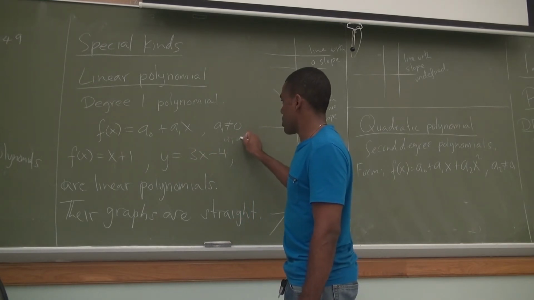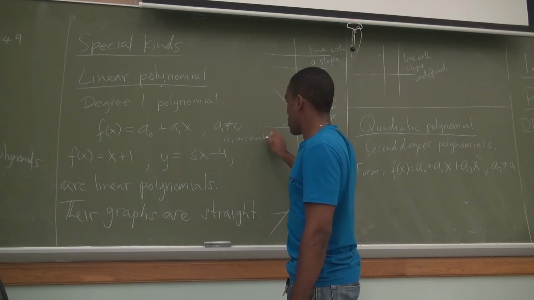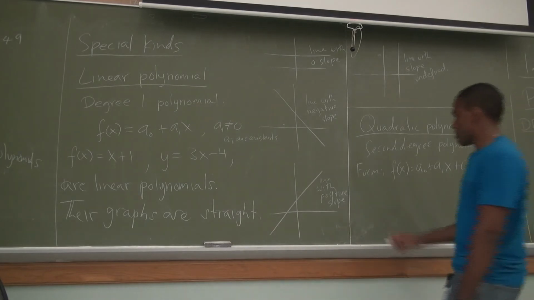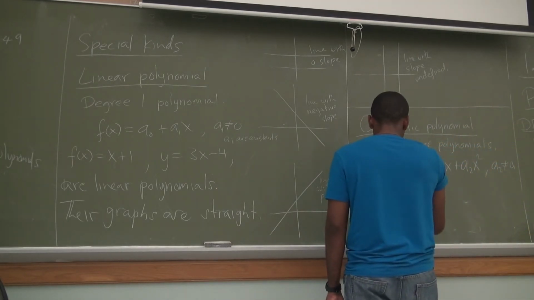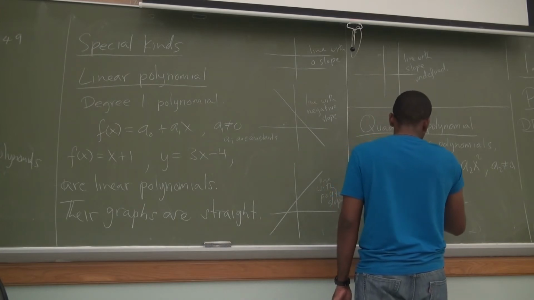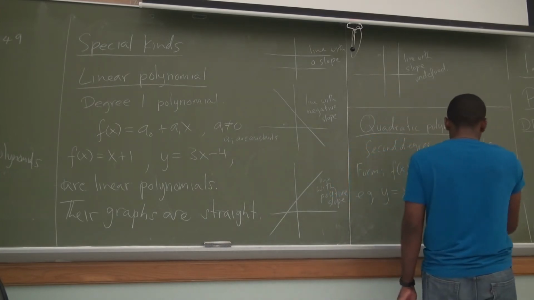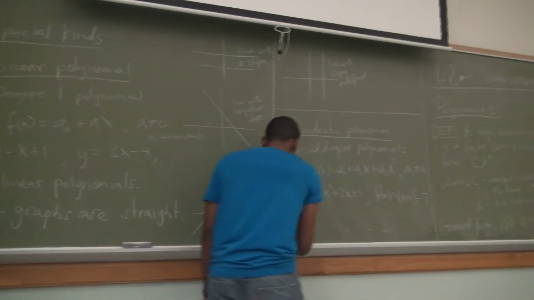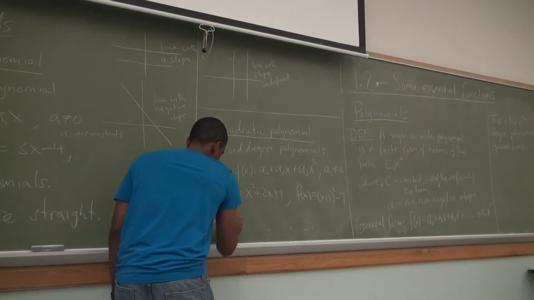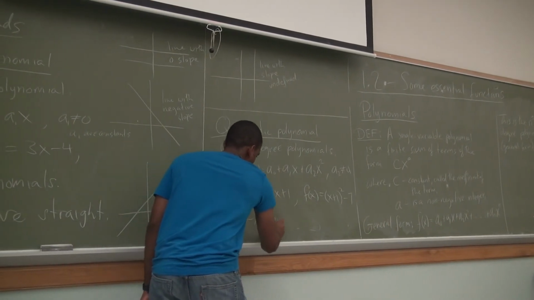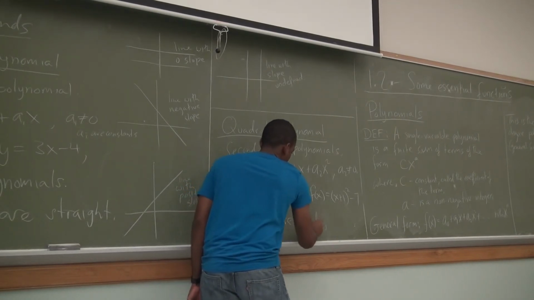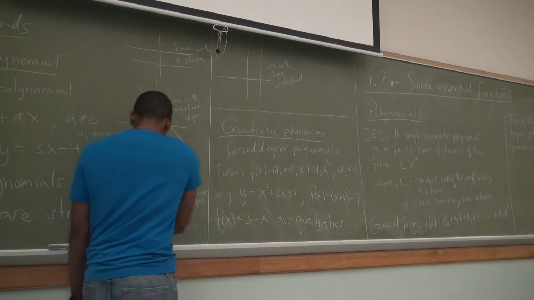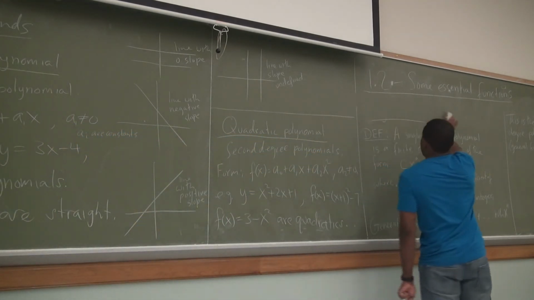All the a's are constants, which we call coefficients. And the graph of a quadratic is a what? Parabolic. Parabola.